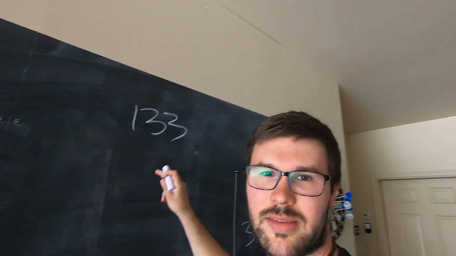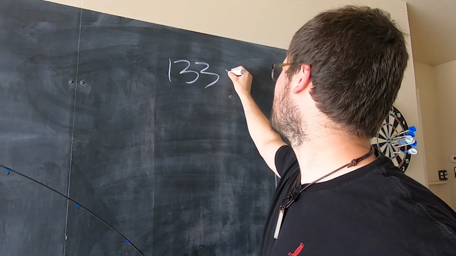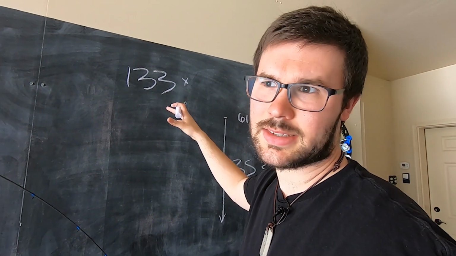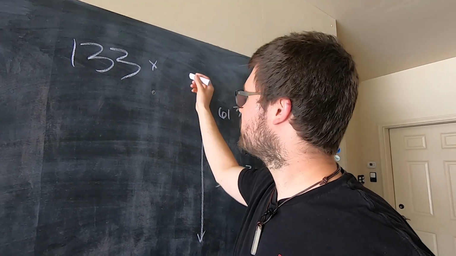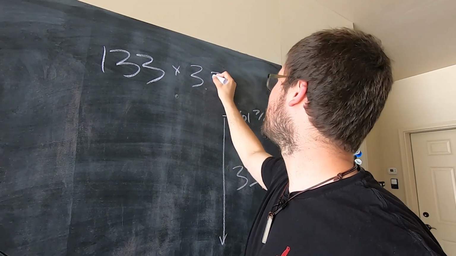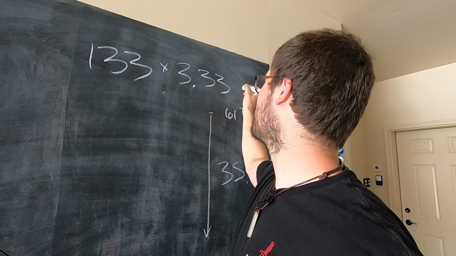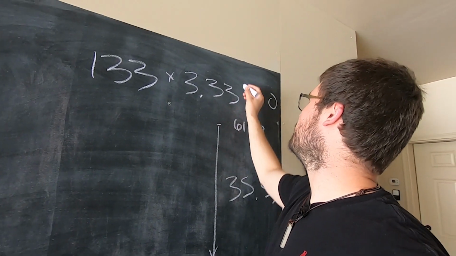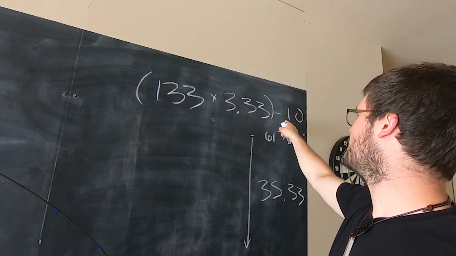133 pennies. Now we're going to take that number of pennies and multiply it by a constant, which Dr. Bill figured out. It's going to be 3.33. And then we're going to subtract 10 from this lovely duo.